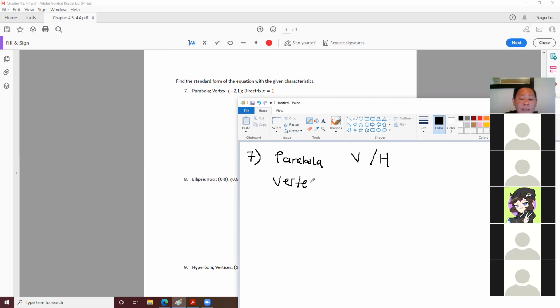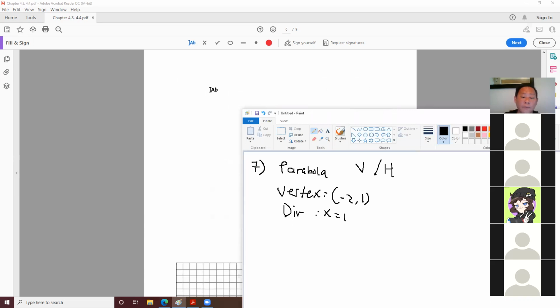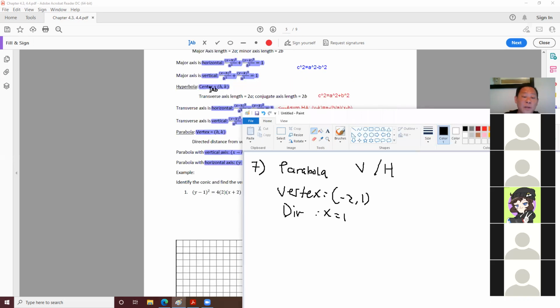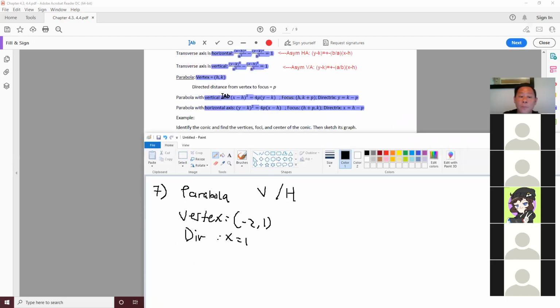Given the vertex in this case is -2, 1 and the directrix is x equals 1. So how can we figure out which one is vertical and which one is horizontal if I give you this information? It's a parabola, right? This is your h, k because that's your vertex.